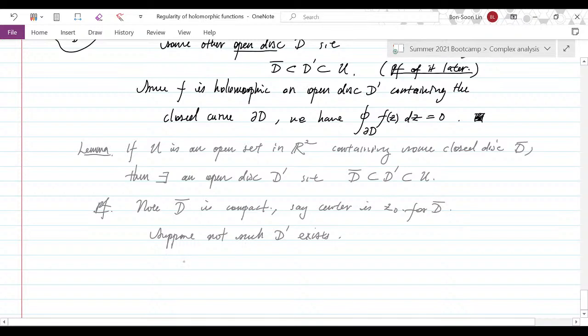Okay. So consider the sequence of open sets. I'll write it as Dn.